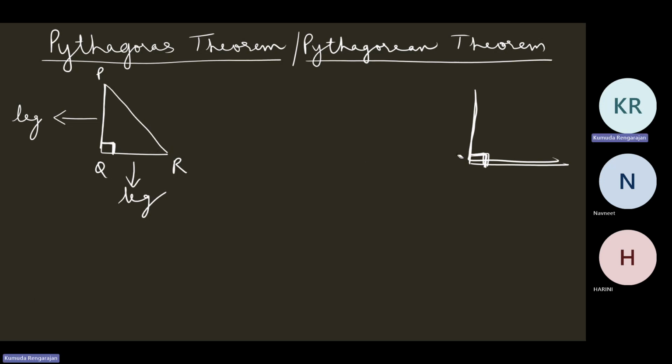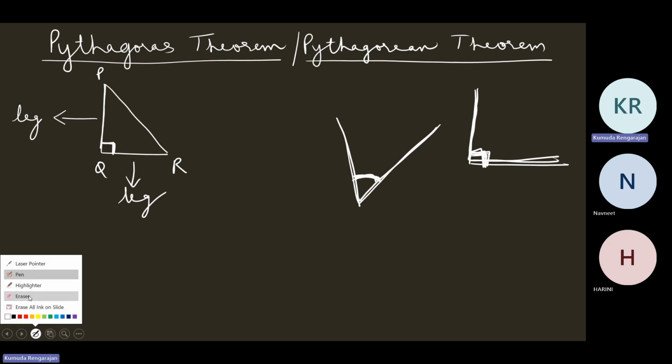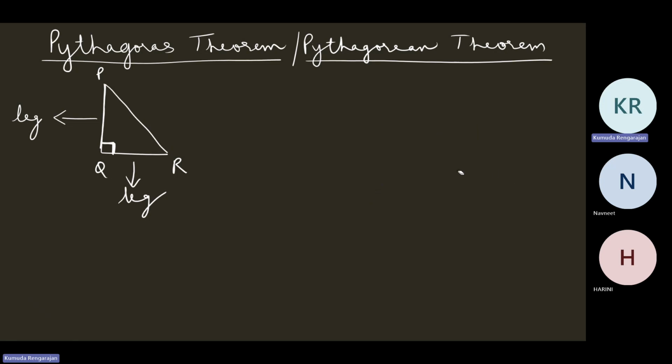We know an angle has two arms, right? This angle, these are the two arms of this angle. So 90 degrees, this is one arm, this is the other arm. The arms of the right angle are called the legs in a right triangle.